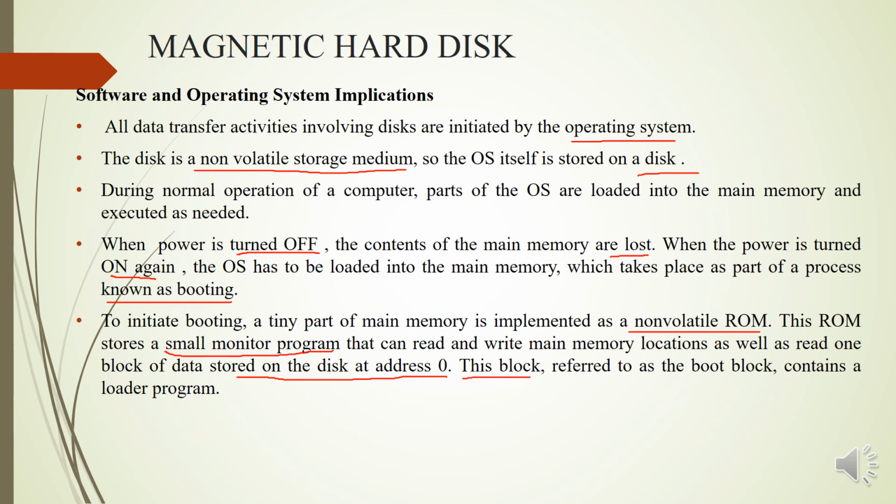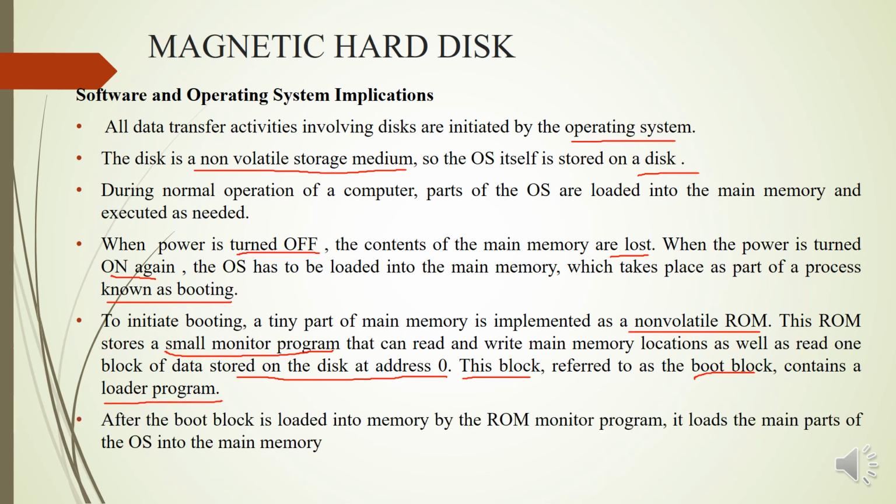This block is referred to as the boot block, which contains the loader program. After the boot block is loaded into the memory by the ROM monitor program, it loads the main parts of the OS into the main memory.